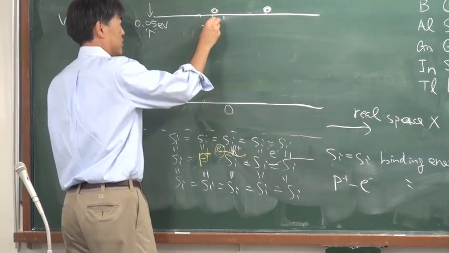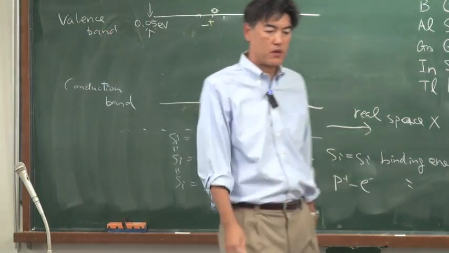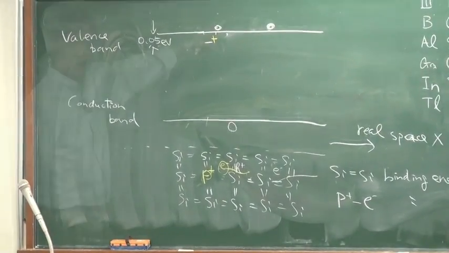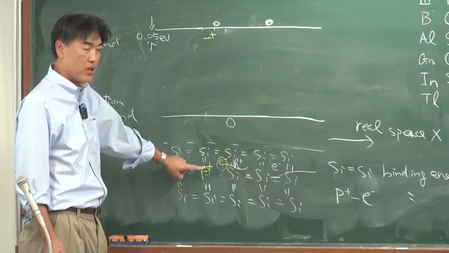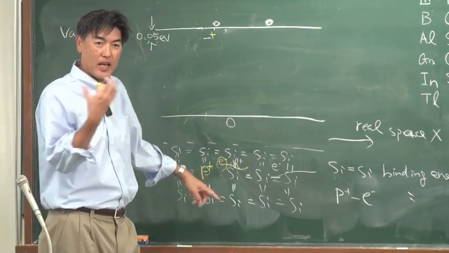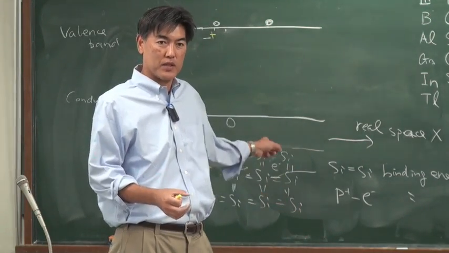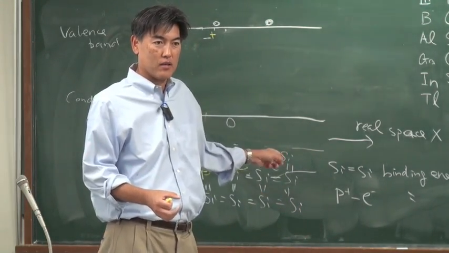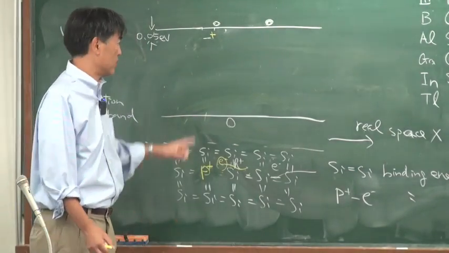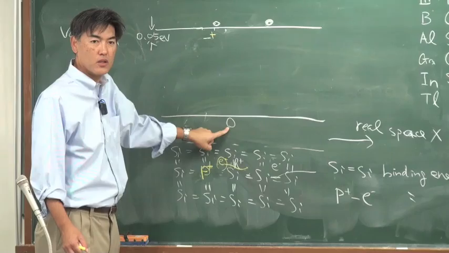But this positively charged phosphorus cannot move around. If the positive phosphorus could move around, it could actually transfer charge, but phosphorus is stuck there. So there's only one extra electron. So there are two electrons, one hole.